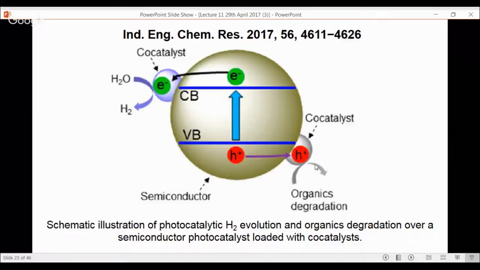Then we can use the hole for oxidizing the organic things. So therefore, it is some kind of pollutant removal. This is a separate subject. We will not deal with it here.